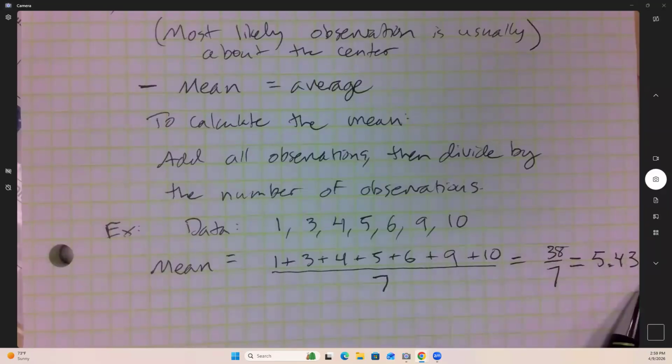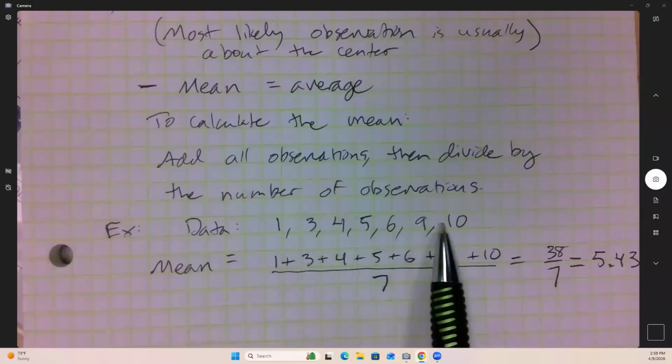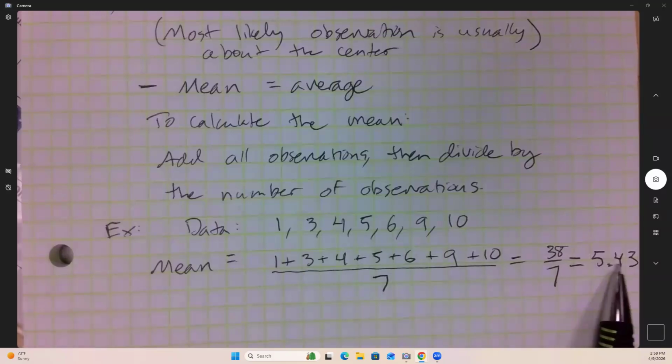And notice that 5.43 is close to the middle of all of these numbers. If I grabbed a number at random, what's my best guess for what it would be? You'd say, I don't know, something in the neighborhood of 5 to 6. And that's kind of reasonable.